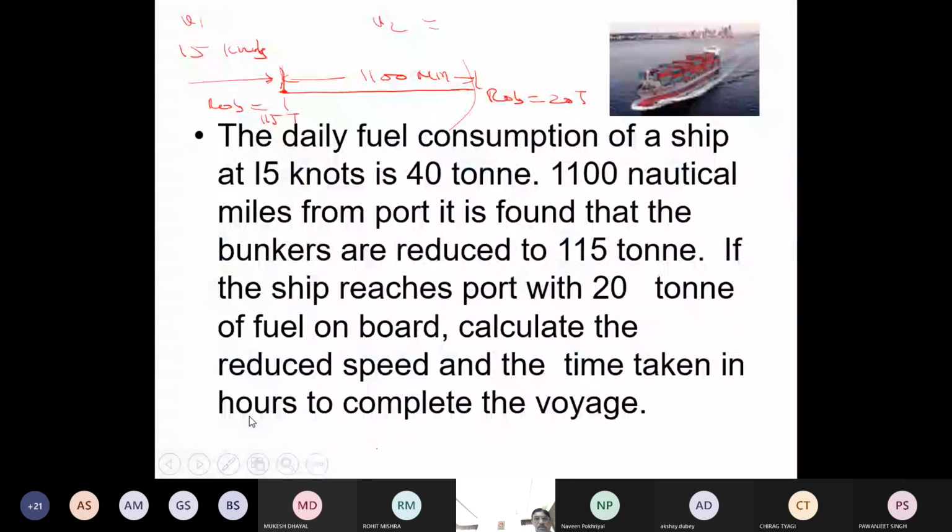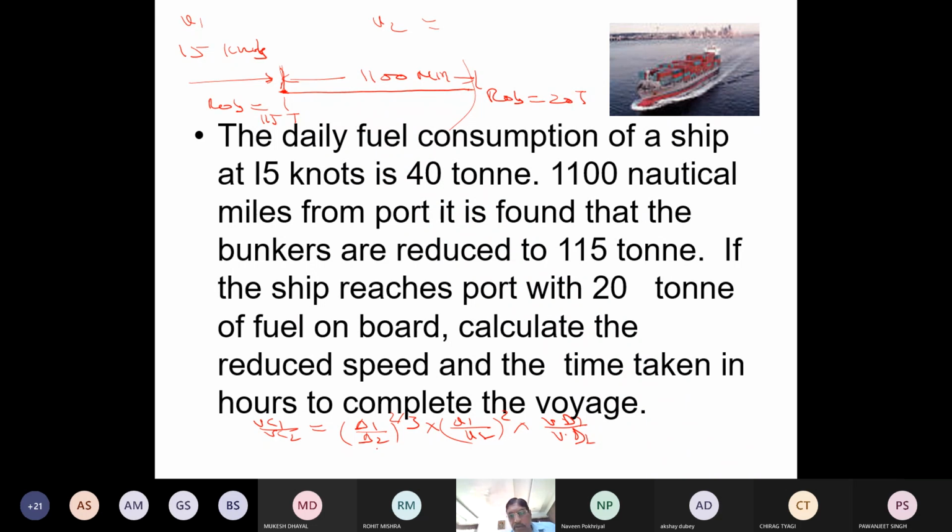VC1 by VC2 is equal to delta 1 by delta 2, to the power 2 by 3, into V1 by V2 square, into voyage distance 1 over voyage distance 2.